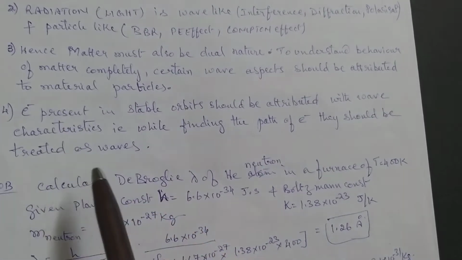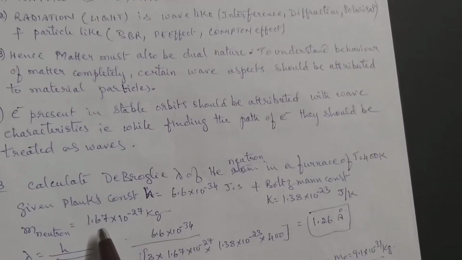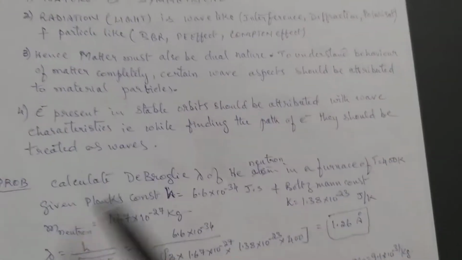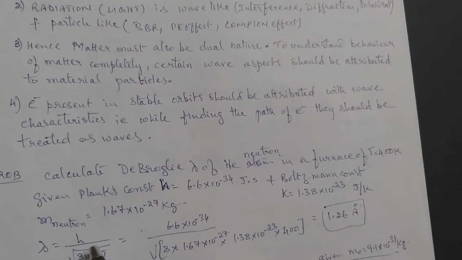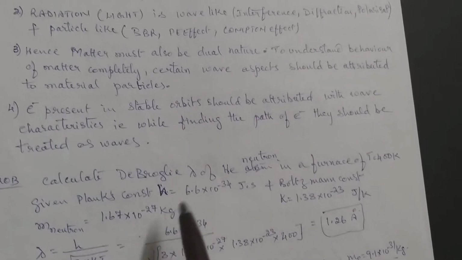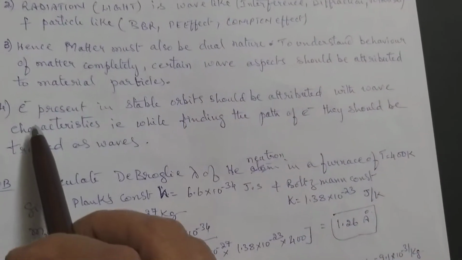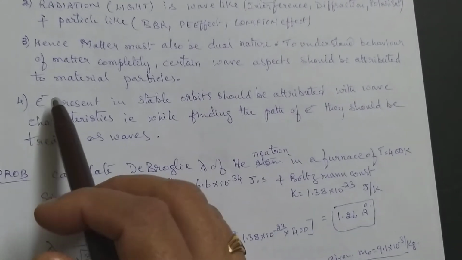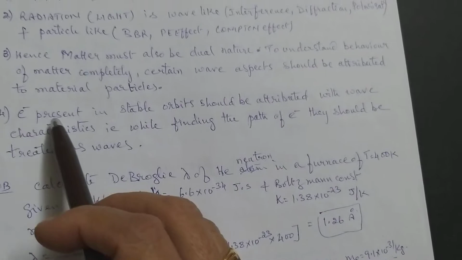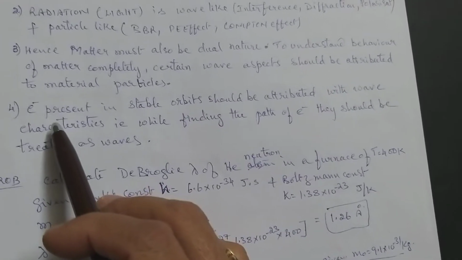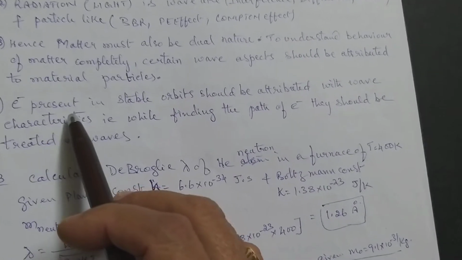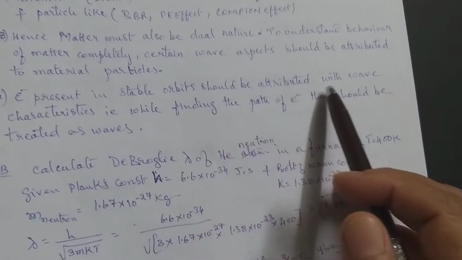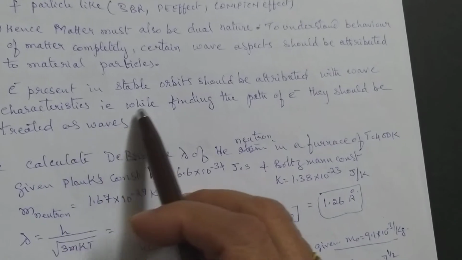For example, we take very small particles, because big particles have very small wavelength, so small that they are immeasurable sometimes, and so large that they are meaningless. So here you take an electron particle, which is very near to something like a photon, so it is charged, no doubt. Electrons present in stable orbits should be attributed with wave nature or characteristics.